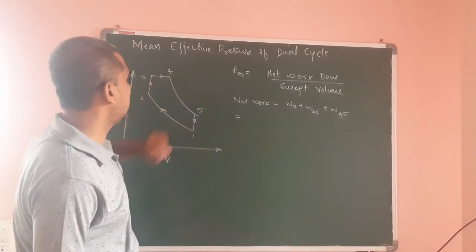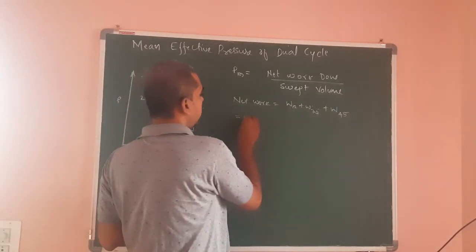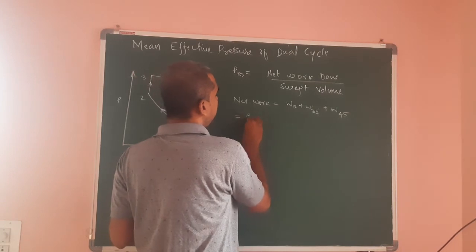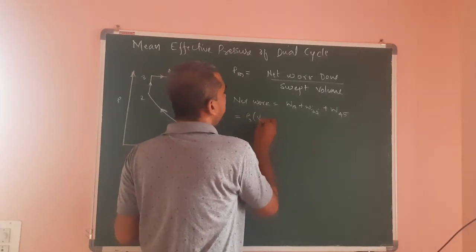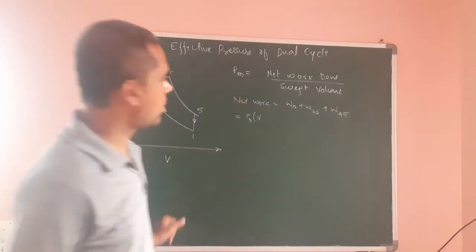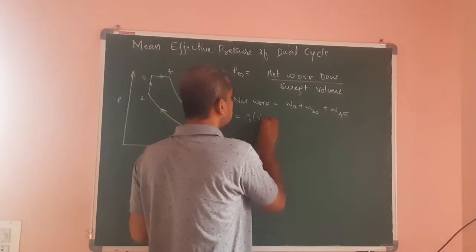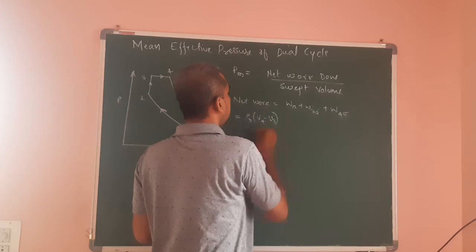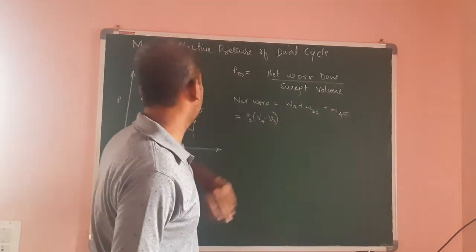W3 to 4 is work done in a constant pressure process, therefore we can write it as P3 into V4 minus V3. Okay, this is the work done during the process 3 to 4.